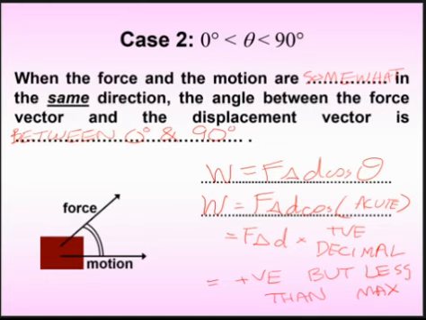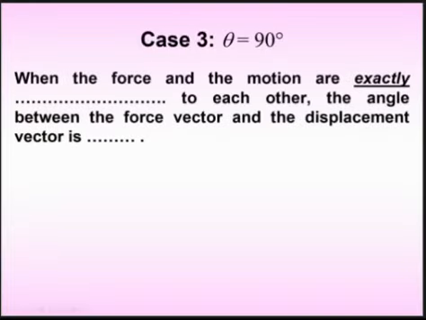Okay, what's case number 3? Exact 0, which means right at 90. What do you call any two things that are 90 degrees to each other? Perpendicular. Thank you.